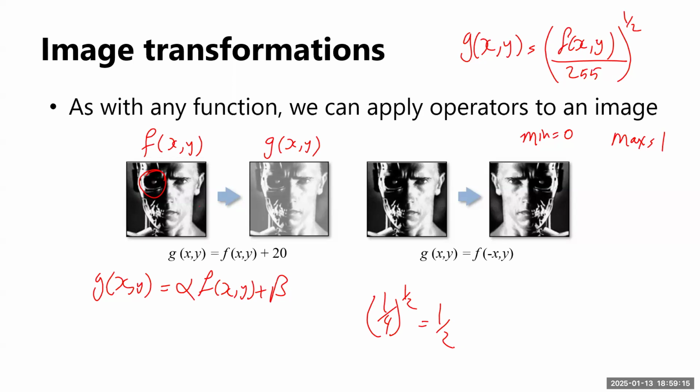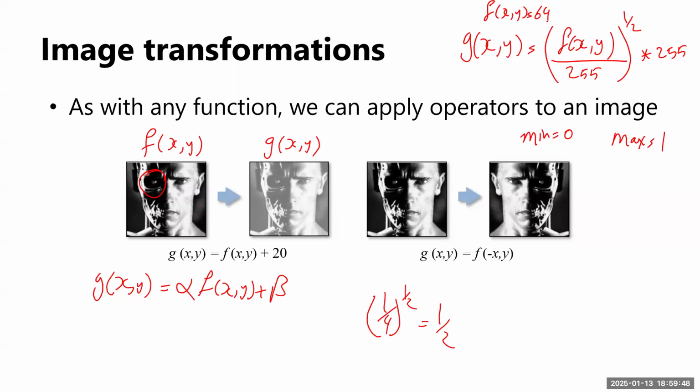Now, if I multiply it by 255, 1/4 times 255 equals 255/4, which is almost 64. So the original f of x and y equals 64, or 63 something.